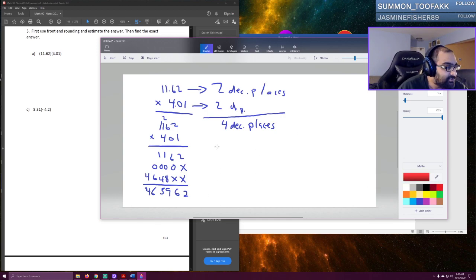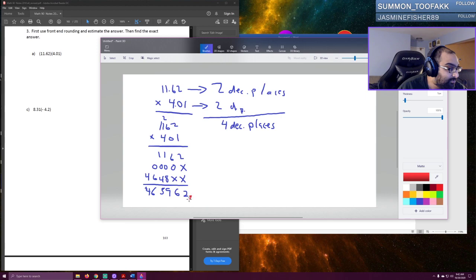All right, so now that we have that, we start with moving our number of decimal places here. Now remember, we have to move the number of decimal places starting all the way from the right. We always start all the way from the right, and we move left the number of decimal places that we had found earlier.